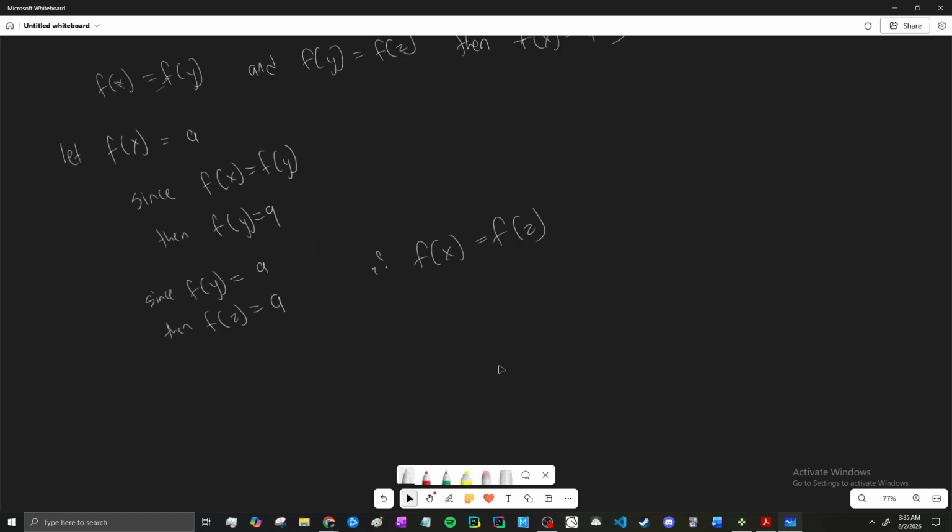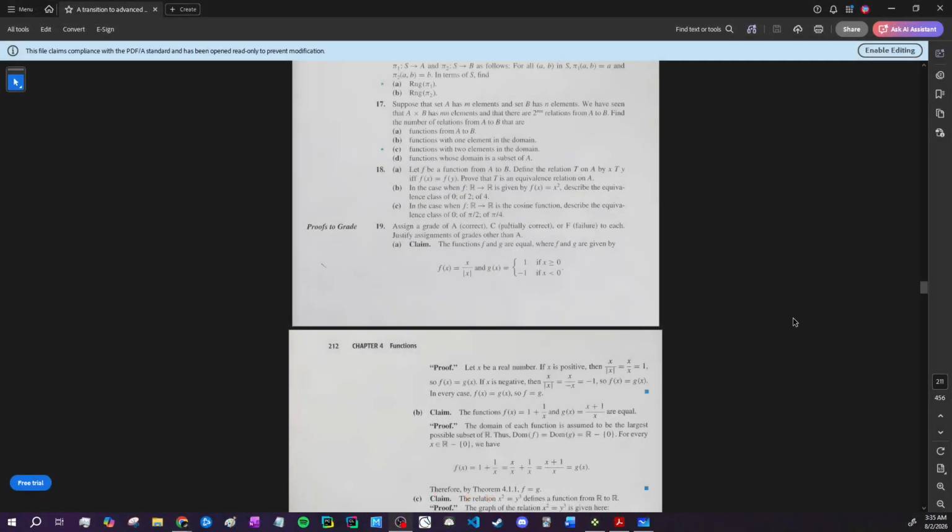Oh yeah, it's supposed to be A times A. So looking at 18b, it's probably the last question I'll answer. In the case where f maps R to all real numbers, describe the equivalence class of 0, of 2, and of 4.